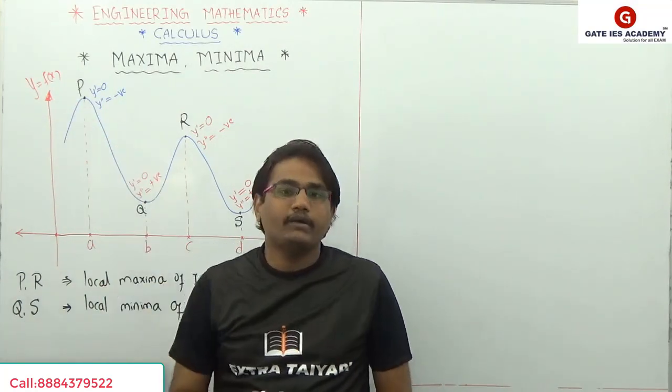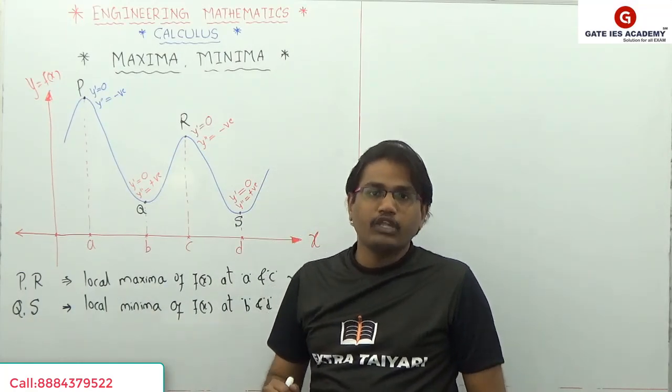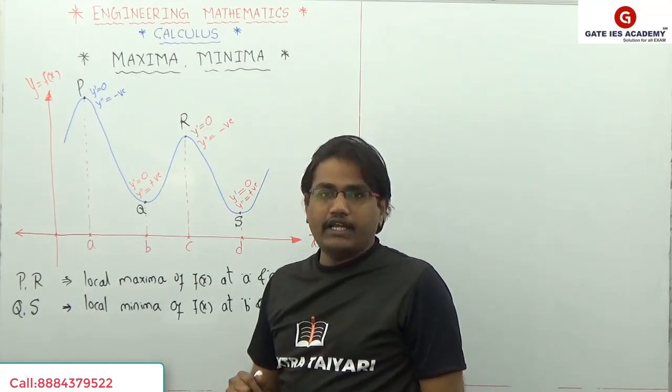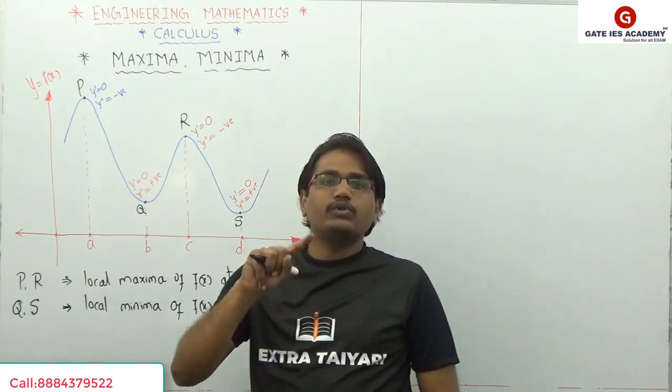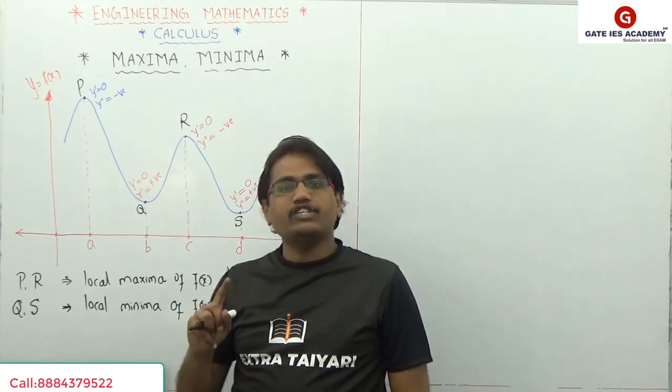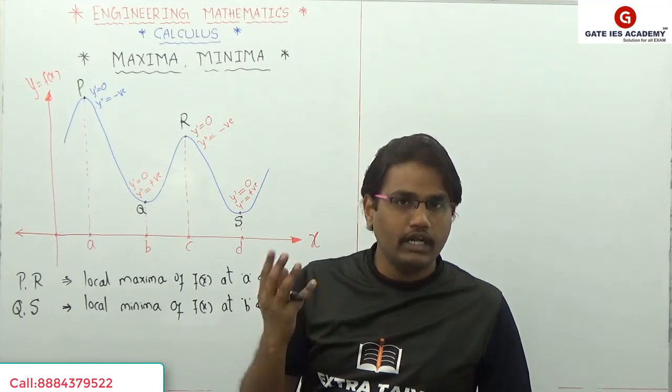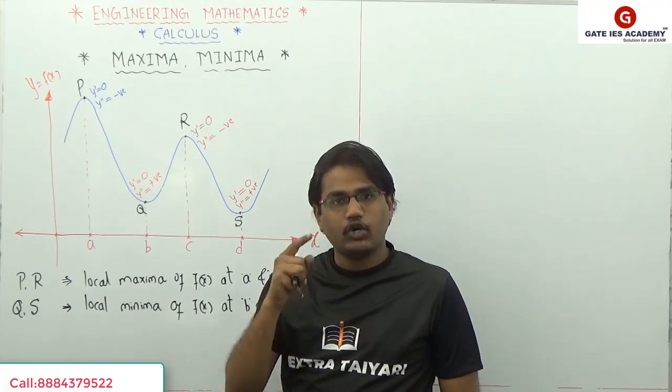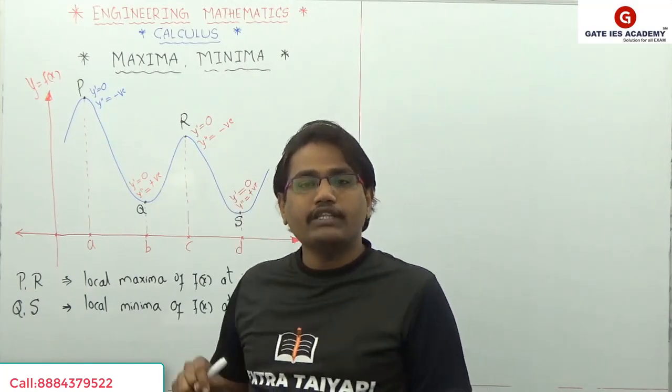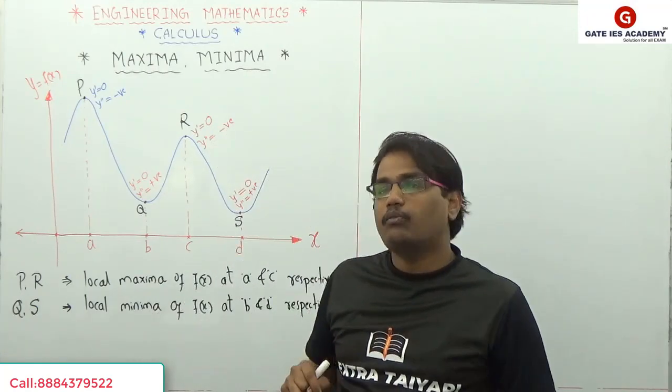But what about y double dash, the second derivative? We know that at any point you observe the shape of the curve. If it is convex, then the double derivative is negative. If it is a concave curve like this, then the double derivative is positive.